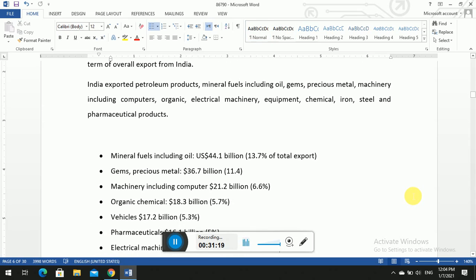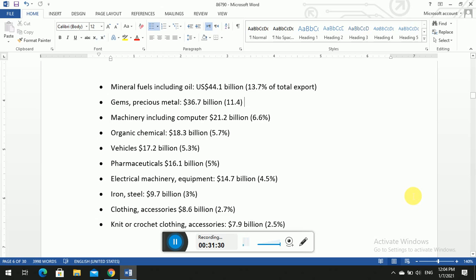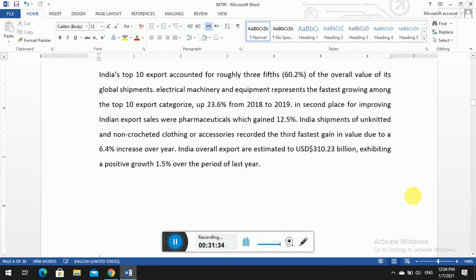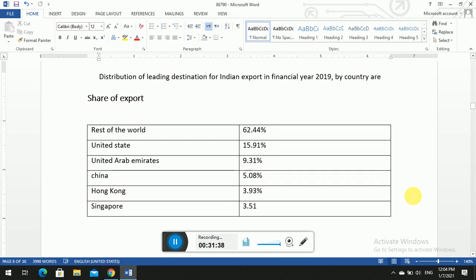What was the top export of India? These are the top 10 exports of India to other countries. These are the destinations of export, the countries they have exported a lot to.